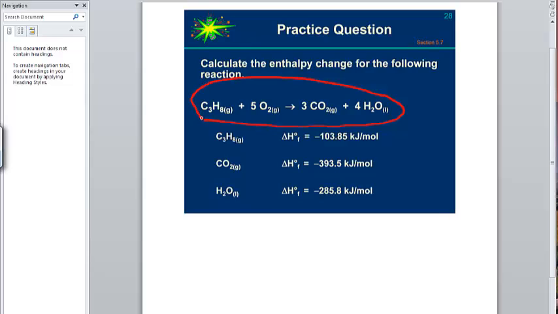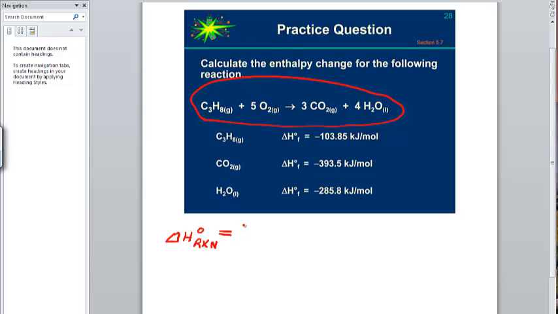I'm given a table of enthalpies of formation for 1 mole of each of these substances. So there's the delta H of formation for each of these substances. So here's how I'm going to set it up. The delta H for this reaction under what conditions? Standard conditions. How do I know it's standard conditions? Because I got that little 0 sitting up there.